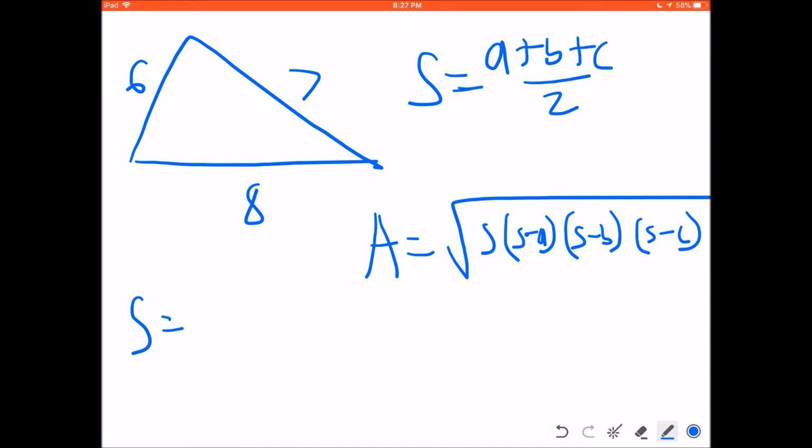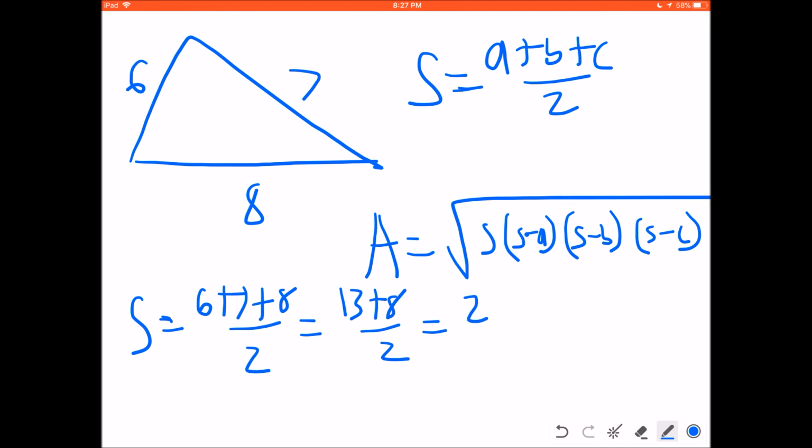So S equals A plus B plus C over 2. So I can do 6 plus 7 plus 8 over 2. That equals 13 plus 8 over 2 equals 21 over 2. So S is 21 over 2, or 10.5, whatever floats your boat.